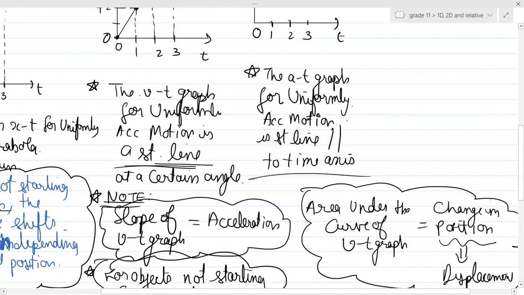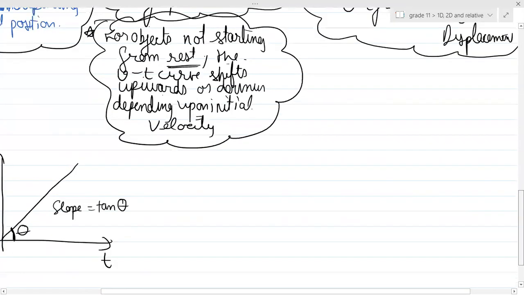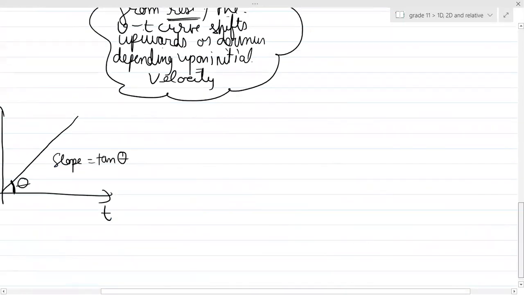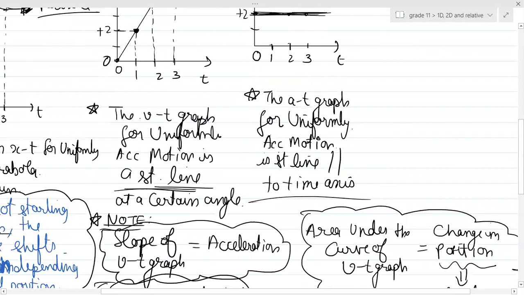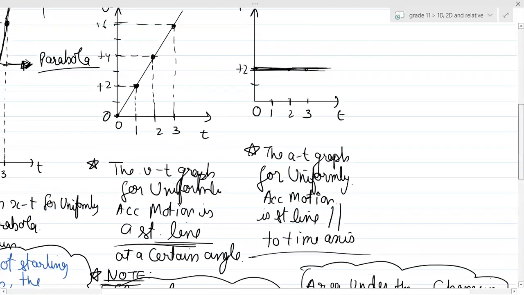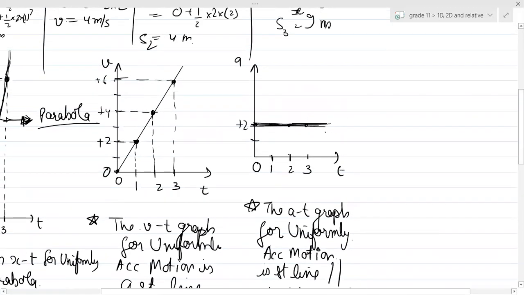It's a straight line parallel to the time axis. Sir, can you just scroll up a little bit more? But I'm dictating it to you. The AT graph for uniformly accelerated motion is a straight line parallel to the time axis. No, sir, for the graph. The graph is like this. Okay. Fine.